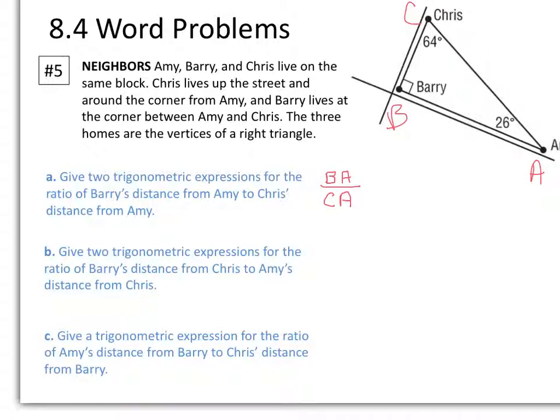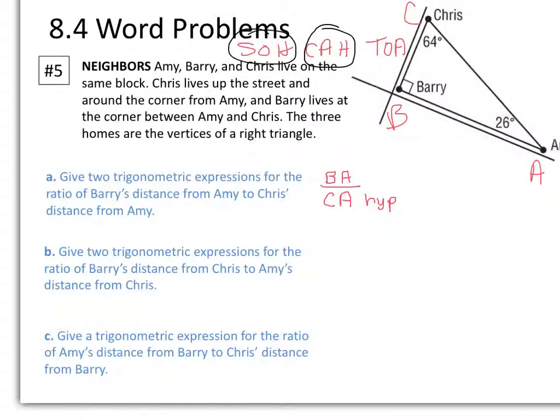Well, CA, regardless of what acute angle we'd be looking at here, CA is the hypotenuse. So if we look at SOHCAHTOA, and we know we've got the hypotenuse in play here, the 2 different ratios we're going to be looking at are the sine and the cosine.